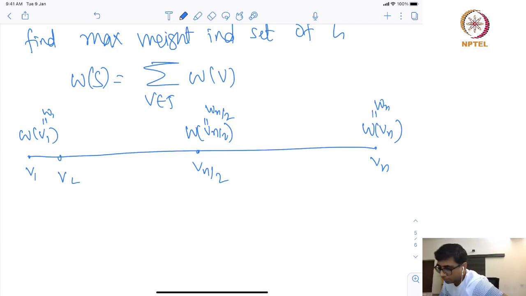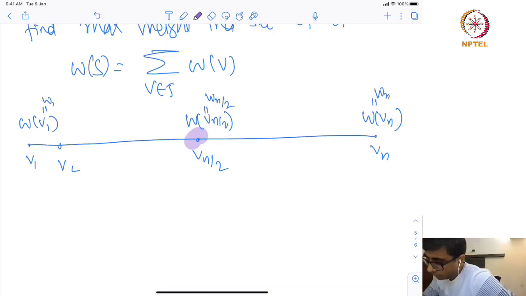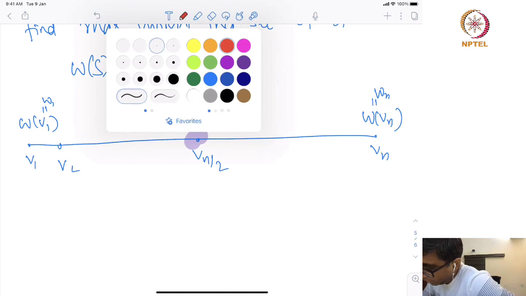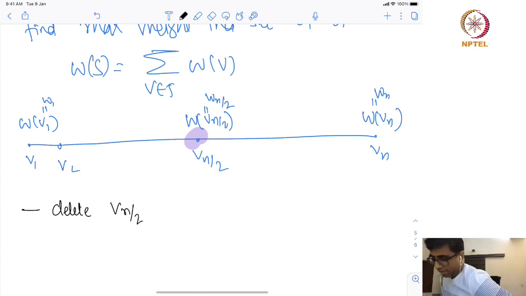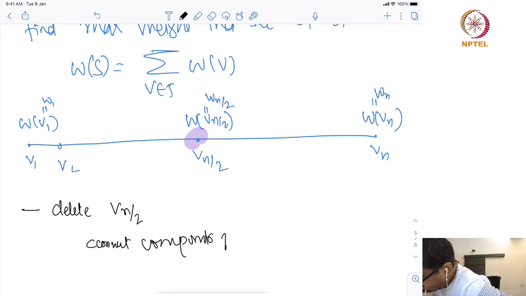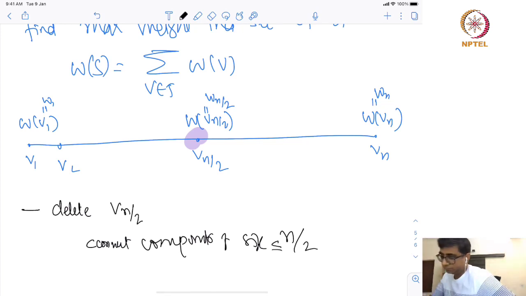So now let's look at the middle vertex. This is the middle vertex. What is the property? Deleting v_{n/2} has the property that you get connected components of size at most n by 2.